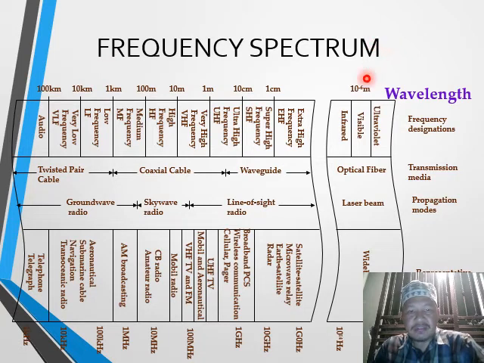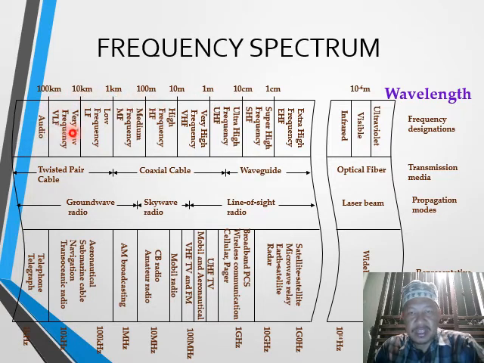We can see from here that we have wavelength and frequency. So we have wavelength in the unit of meter, centimeter, meter, kilometer.